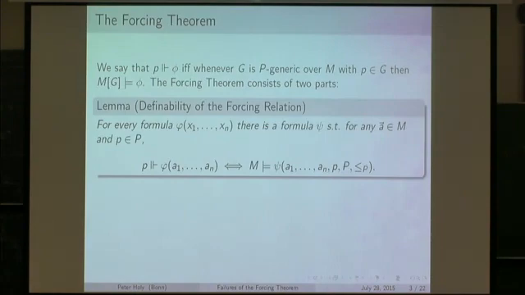The first one is the definability of the forcing relation. This says if we have a formula phi in variables x1 to xn, then there is a formula psi such that for any possible sequence of names in our model M, so M is the ground model, and any condition p in the forcing, we have that p forces phi of this sequence of names if and only if M satisfies the statement psi of this sequence of names, the condition, and the forcing P together with its extension relation.